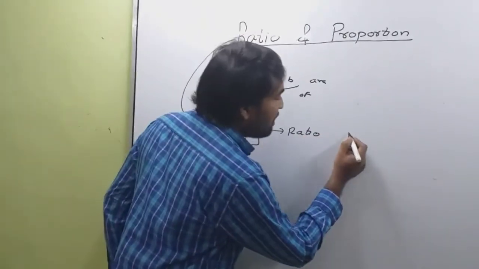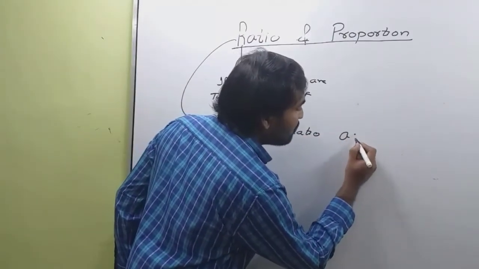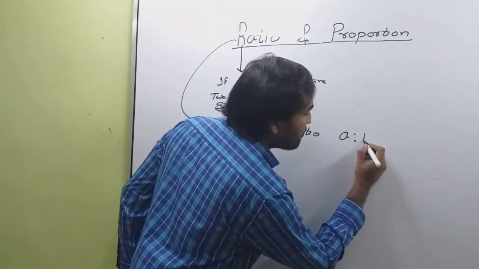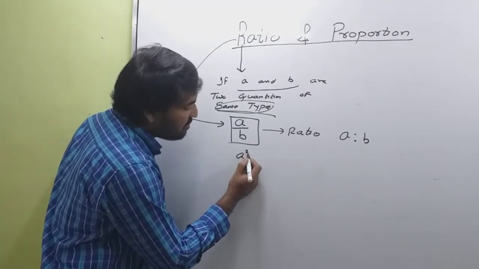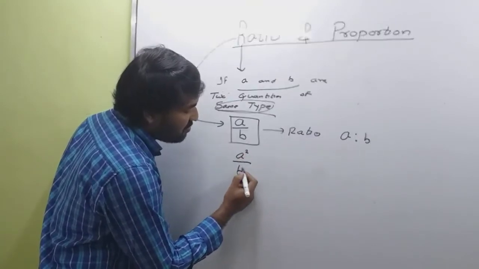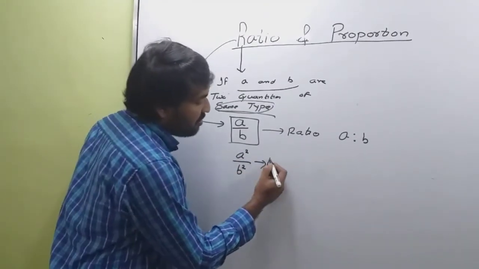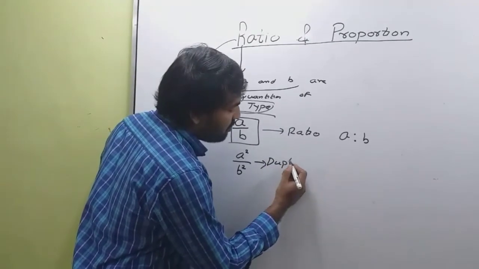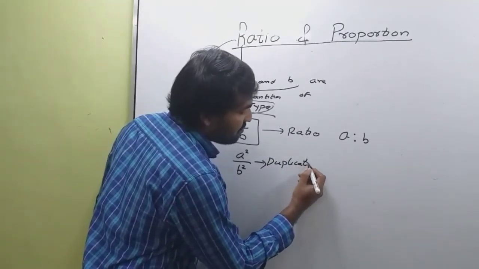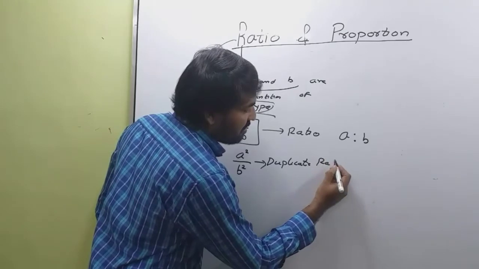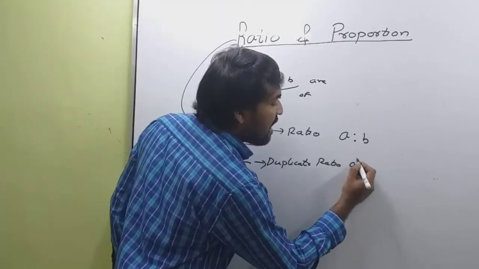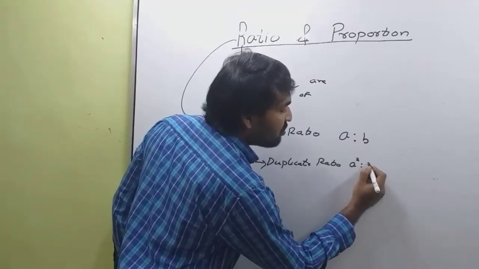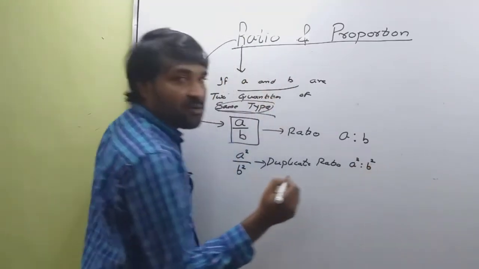This is indicated by A is to B. A square by B square is called duplicate ratio and is denoted by A square is to B square.